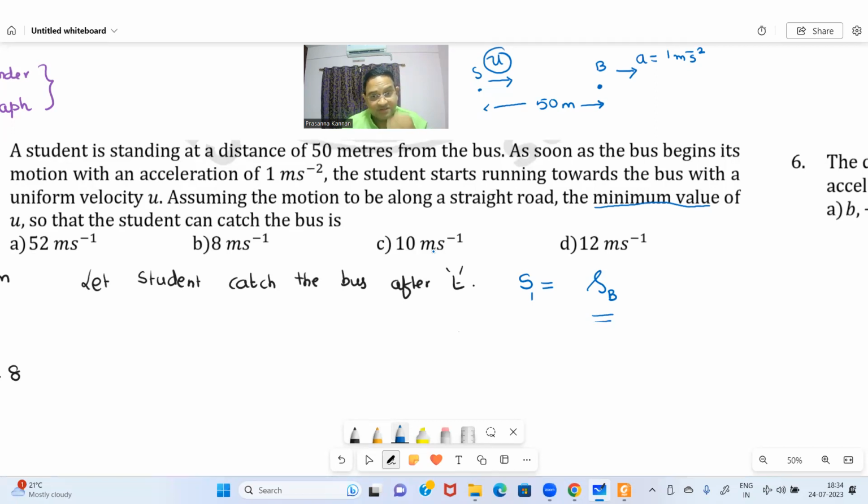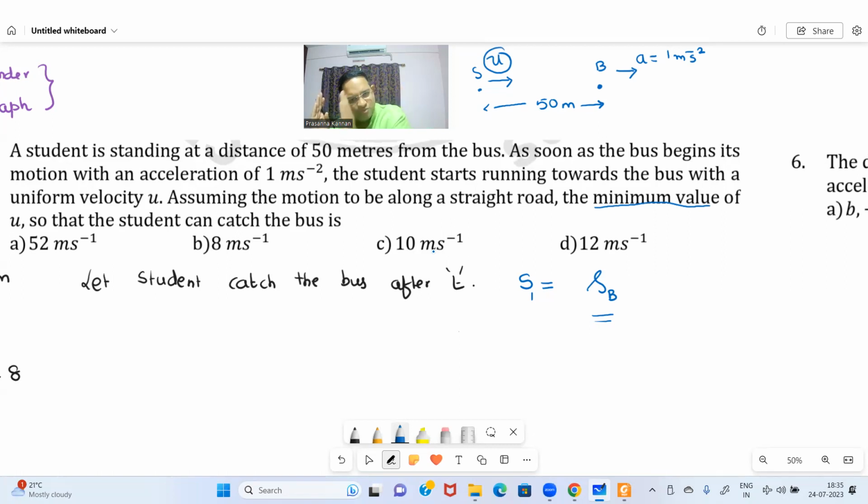Then how much should the student move? If suppose in the same time he also moves SB, what will be the difference in the distance between both of them? Let's say the distance between them is 50 meters. Now in t seconds, the bus moves another 50 meters.